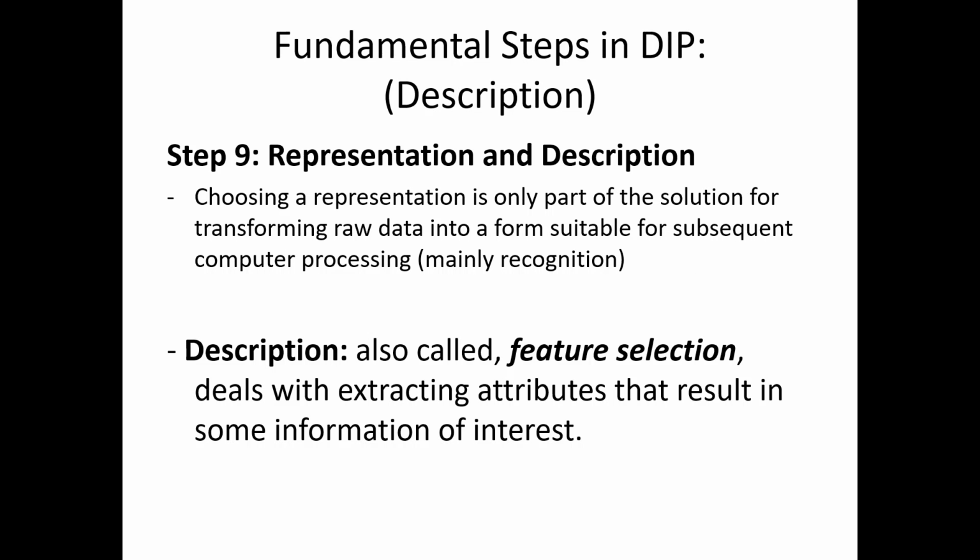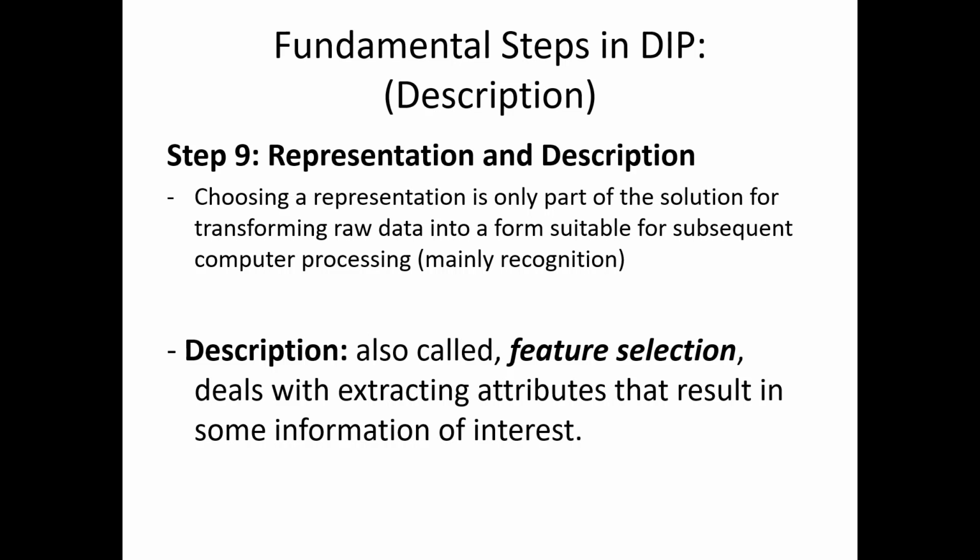If we want to say what description means, it is basically called feature selection. Feature selection deals with extracting attributes that result in some information of interest. So what features are you dealing with?